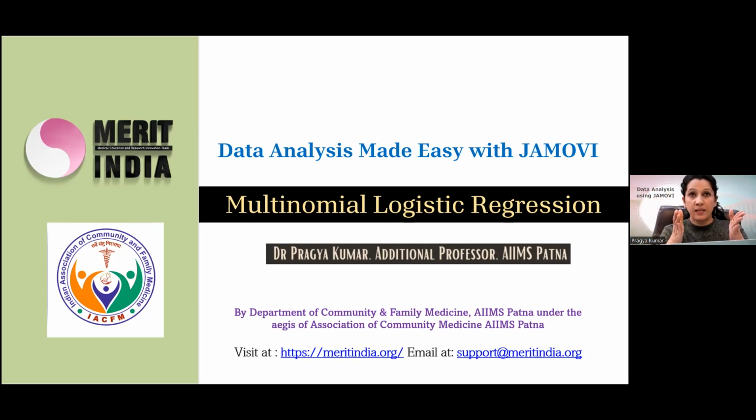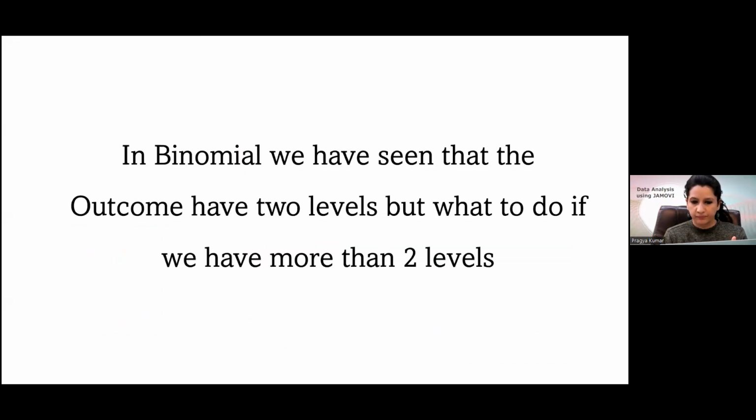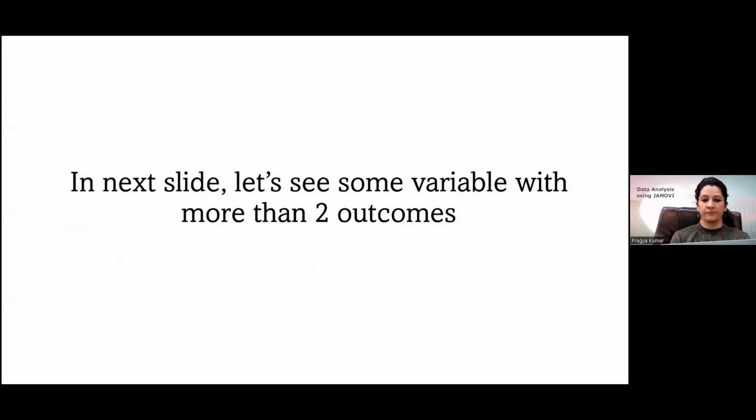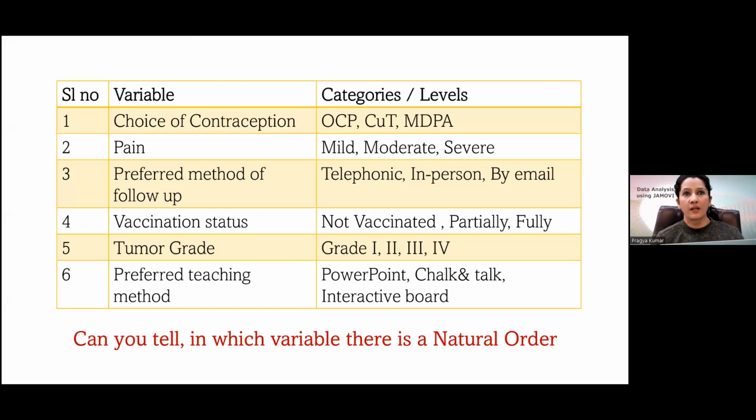A similar concept is here in multinomial logistic regression also. So in binomial, we have seen that the outcome has 2 levels. But what to do if we have more than 2 levels? Now see this slide for a few seconds.